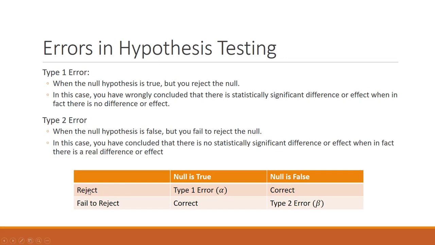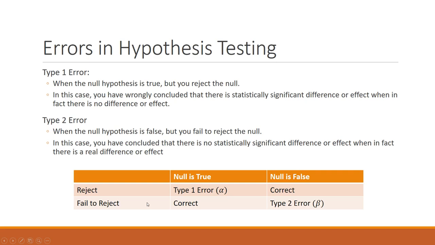So if we reject the null hypothesis and the null is in fact false, we would be making a correct judgment. This would not be an error. We would be correct. Likewise, if we fail to reject the null hypothesis, and in fact the null hypothesis is true, again we are correct.